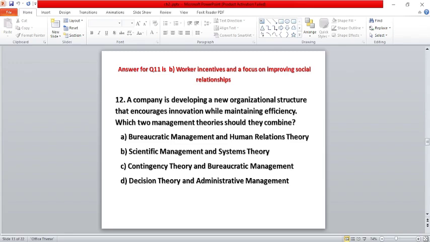B. Scientific management and system theory. C. Contingency theory and bureaucratic management. D. Decision theory and administrative management. The answer for question number 12 is A. Bureaucratic management and human relations theory.